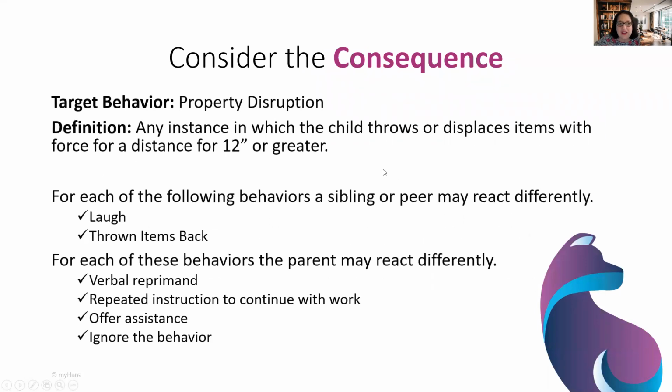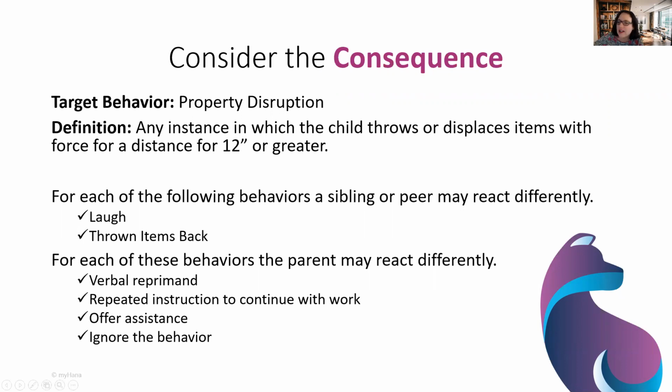So once again, we have to consider the consequences of a behavior. And they give an example here. If a child's throwing items, and they'll define it very, very specifically, any instance in which a child displaces or throws an item of, let's say, 12 inches or more. For each of the following behaviors, a sibling or a peer can act differently.